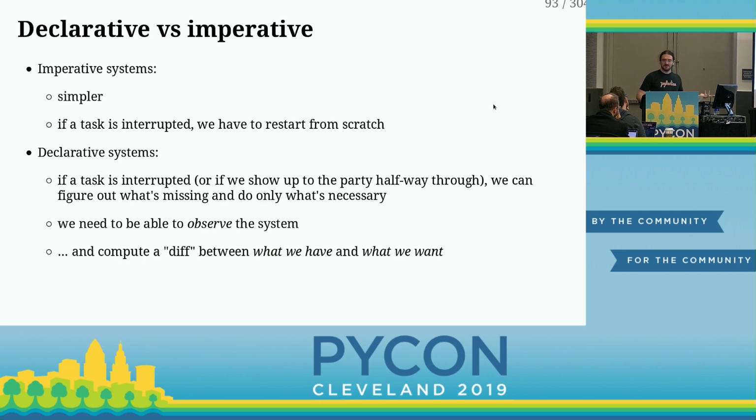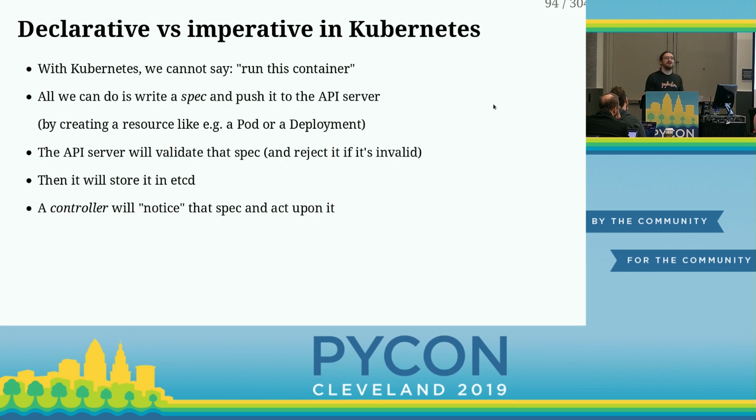So Kubernetes is a declarative system, which means in concrete terms that I cannot tell Kubernetes, run that container. What I can do is write a spec that says, I would like that container to be running. Then I send the spec to the API server, and the API server then works on it and makes that thing happen.